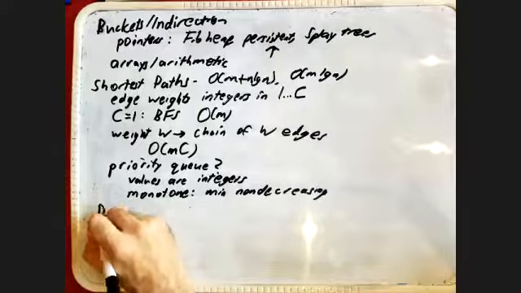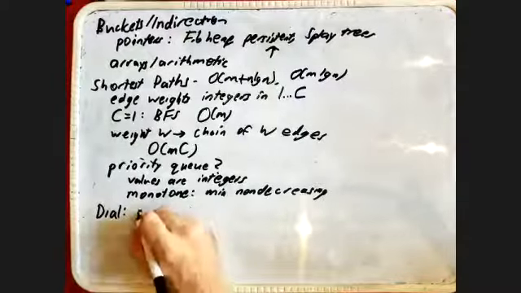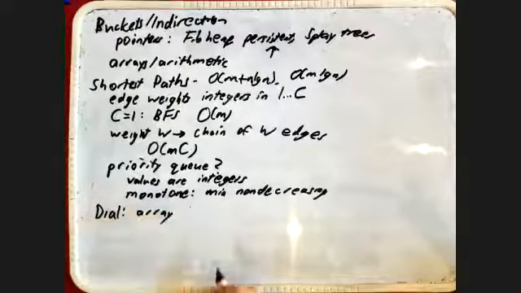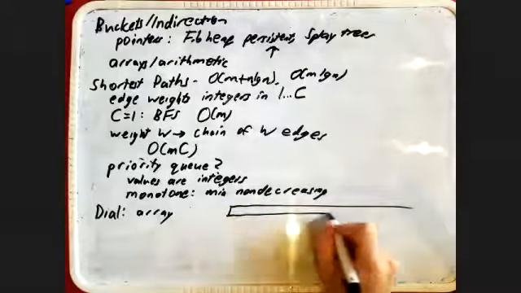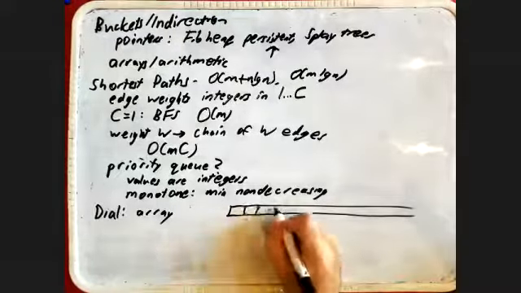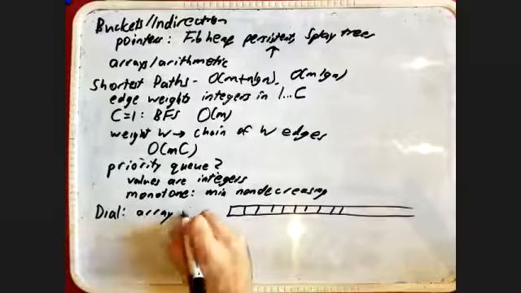Well, Dial came up with a method of just using an array for the priority queue. It's a pretty big array. And what you do is you make a collection of buckets.